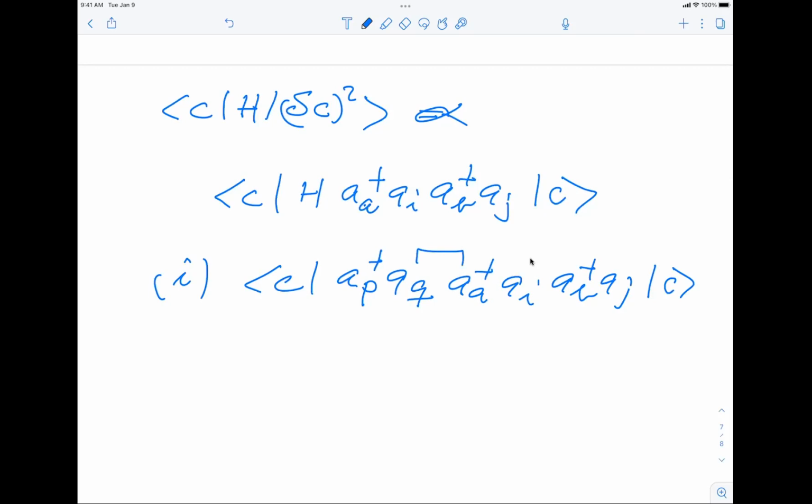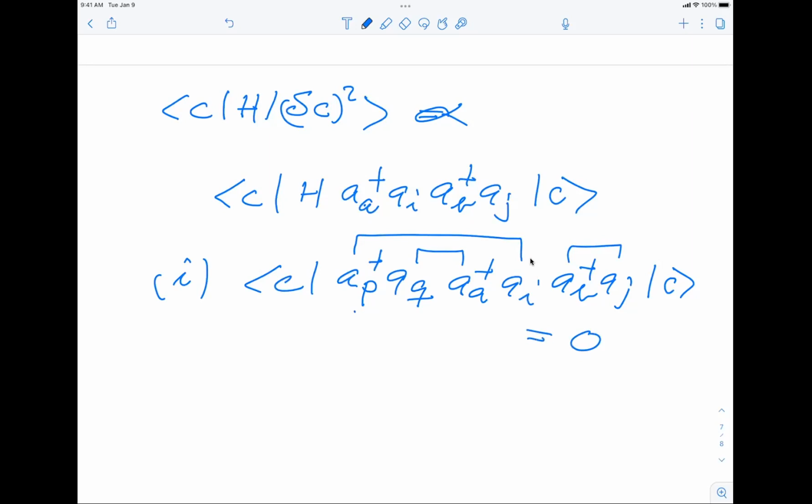So that would be Q to A. We cannot have P to A. We cannot have P to B. So we could also have Q to B. But now you see that there's something going wrong here. If I'm now trying to link the state, so this would be a possible contraction, then what I'm left with is this one, and B and J are different. So this term here is actually going to give us 0.